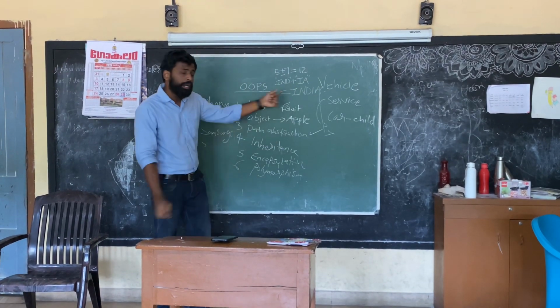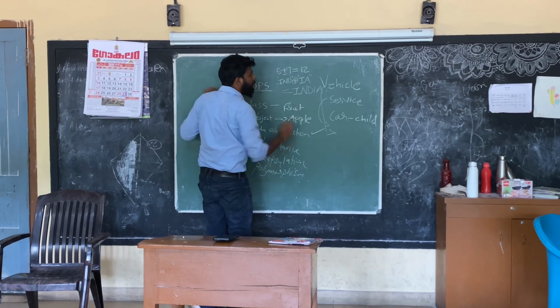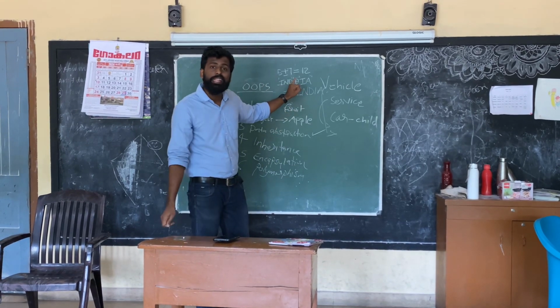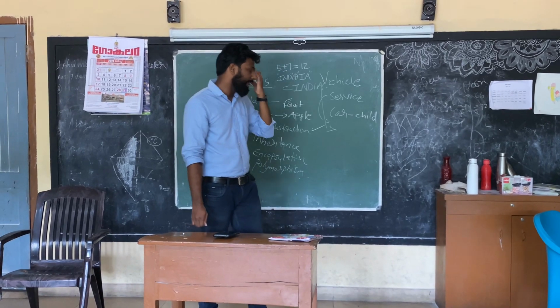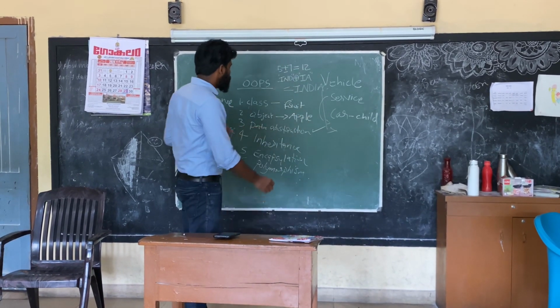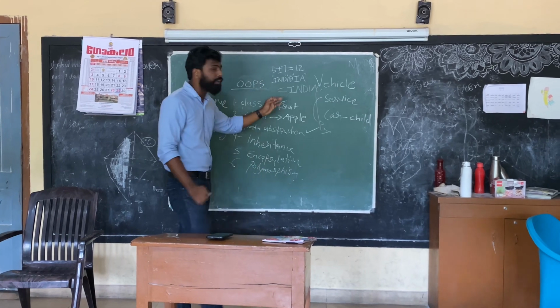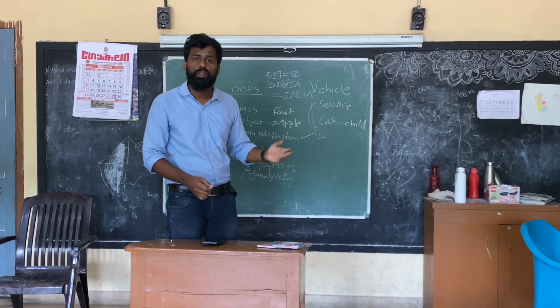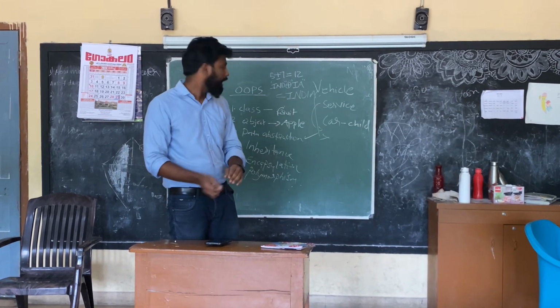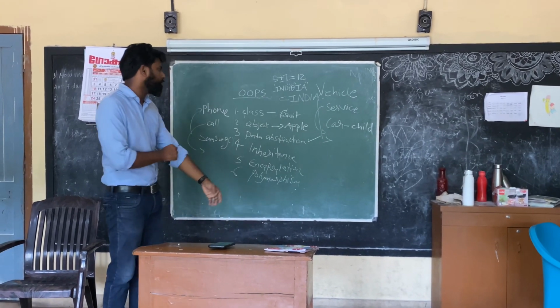So here the plus operator works as a concatenation. The plus operator works as a concatenator. So this is what is called polymorphism: behaving differently in different forms or different platforms or different areas. That is what is called polymorphism.